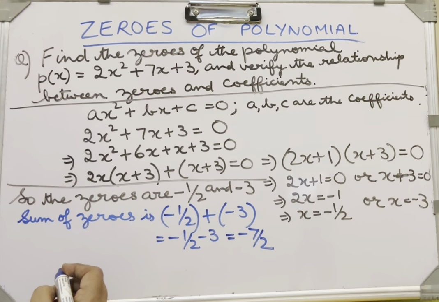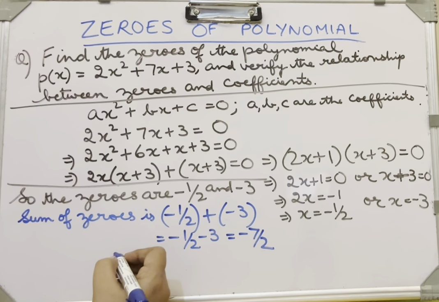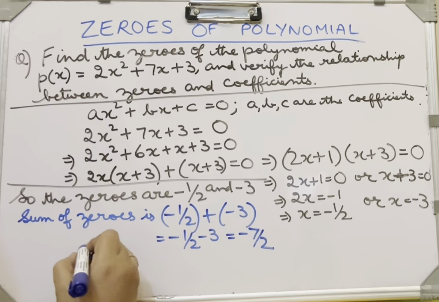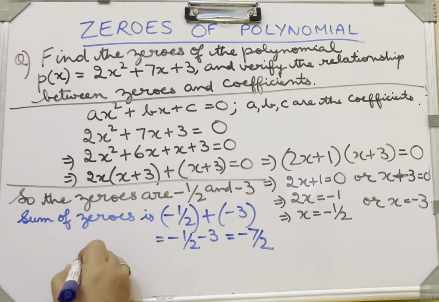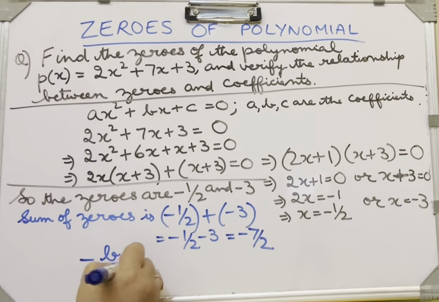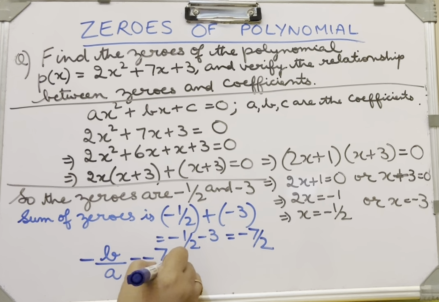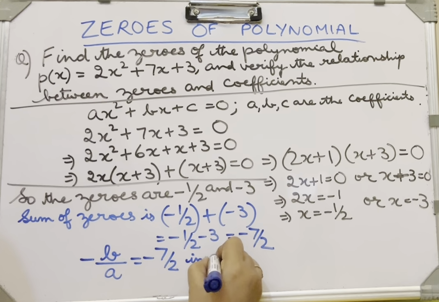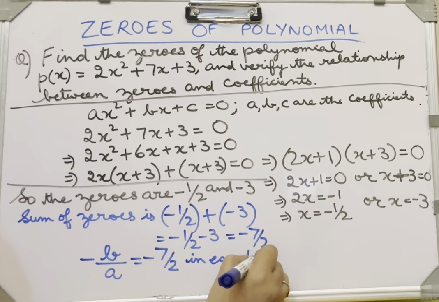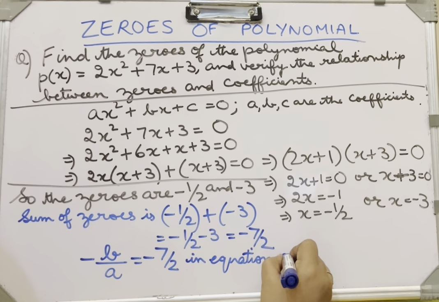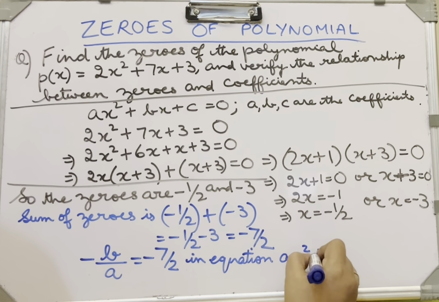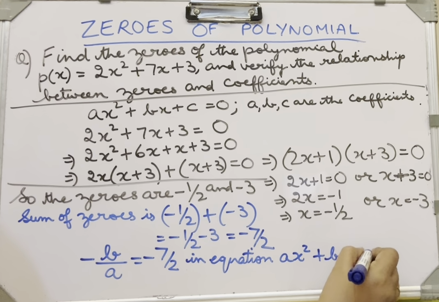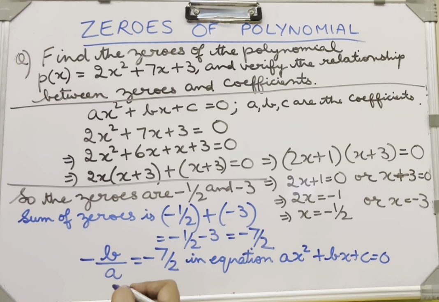And we know that if we observe the coefficients, the sum of zeros is minus b by a, which is equal to minus 7 by 2 in the equation ax square plus bx plus c is equal to 0.